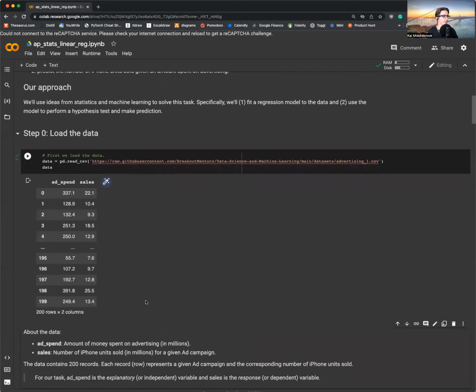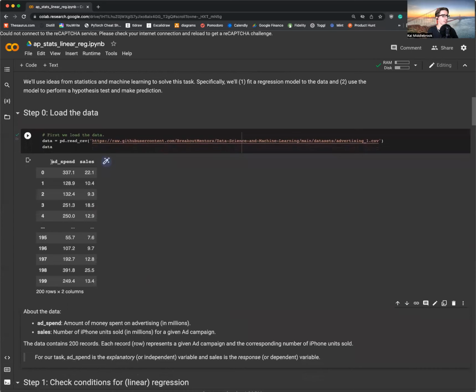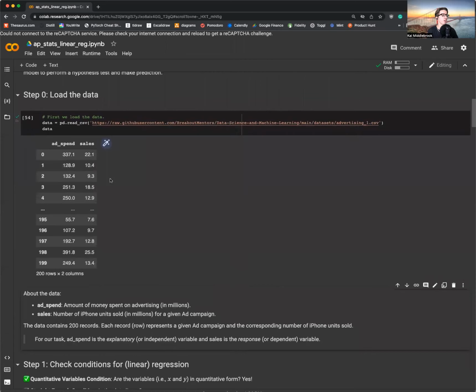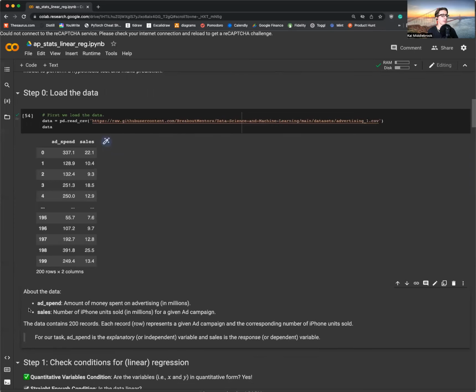The first one is called ad spend, and the second is sales. So here's a little write-up about what these 2 columns represent. Ad spend represents the amount of money spent on advertising in millions, and sales represents the number of iPhone units sold in millions for a given ad campaign.